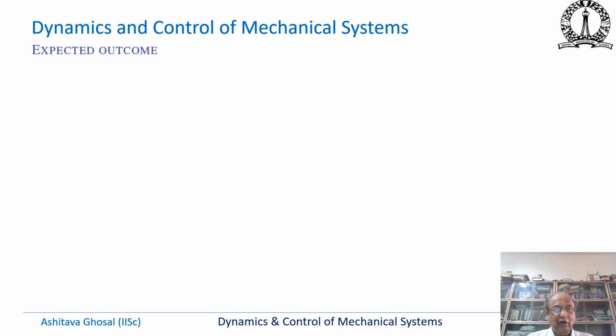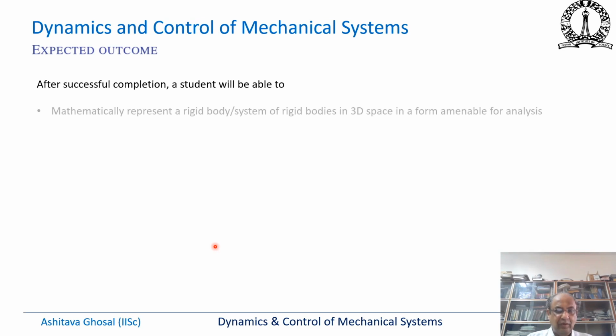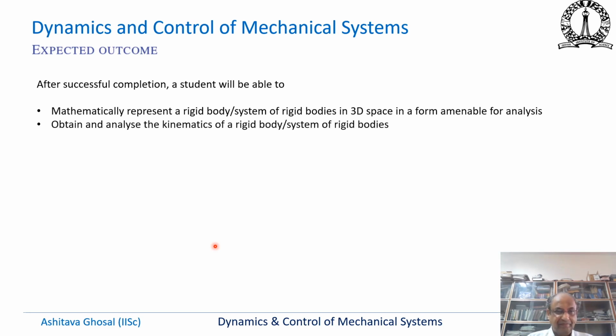So the expected outcome of this course are the following. So after successful completion, a student will be able to mathematically represent a rigid body or a system of rigid bodies in 3D space. Okay, and we will represent them in a form which is amenable for analysis.